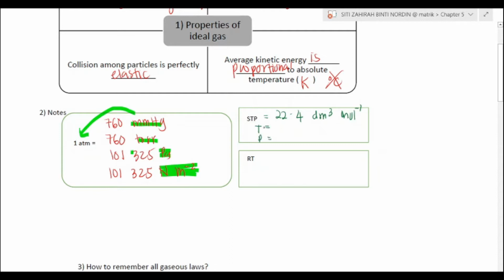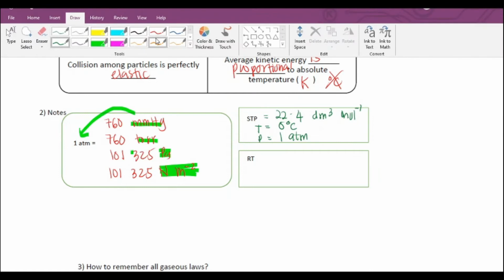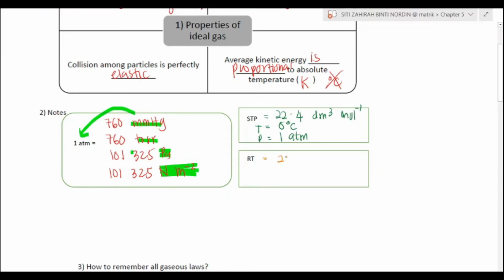The temperature for STP would be 0 degrees Celsius and pressure would be 1 atm. For room temperature, the value would be 24 dm cube per mole and the temperature would be 25 degrees Celsius and the pressure remains the same, which is 1 atm.